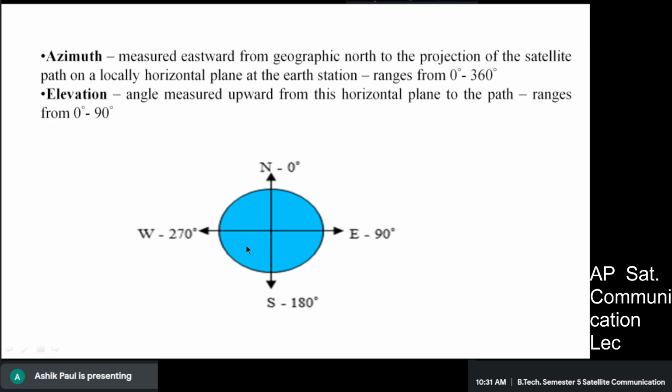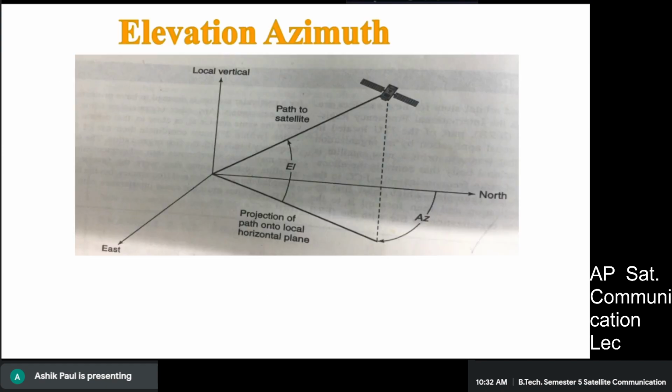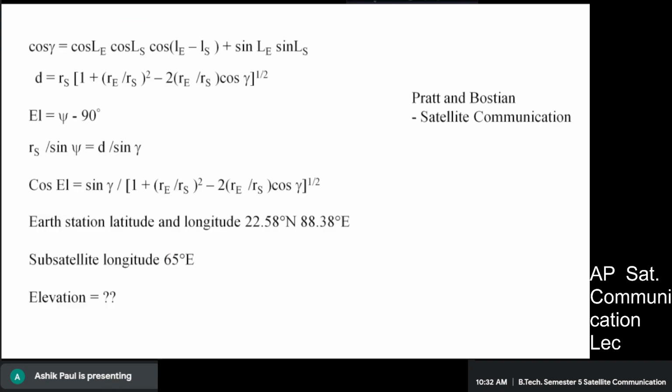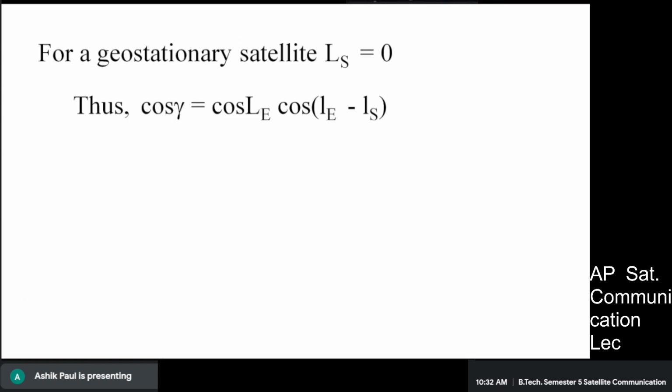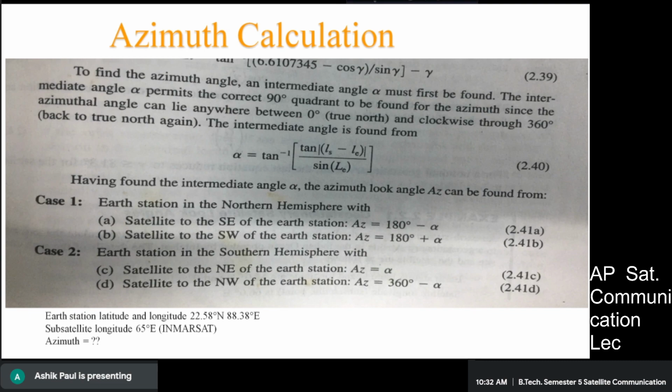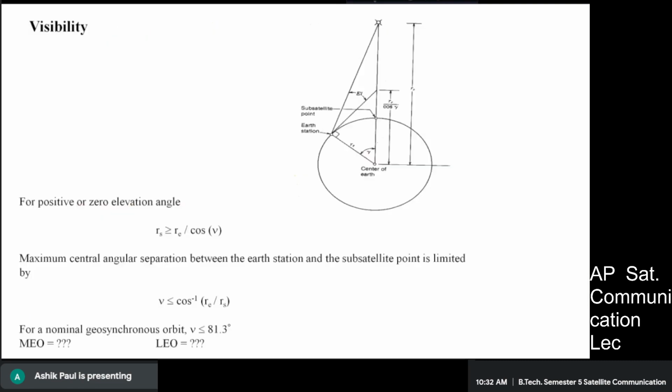And now we know that once the subsatellite longitude is given and the Earth station is mentioned, we can calculate the exact elevation and azimuth of that satellite. For this satellite at a subsatellite longitude of 65 degree east, we found that the elevation is something like 52 degrees and the azimuth comes out to be something like 228 degrees.